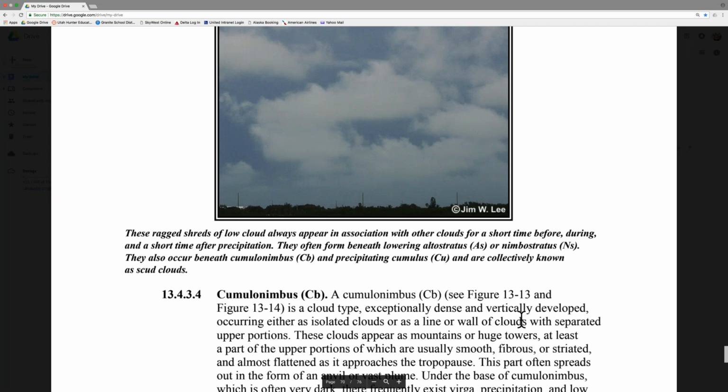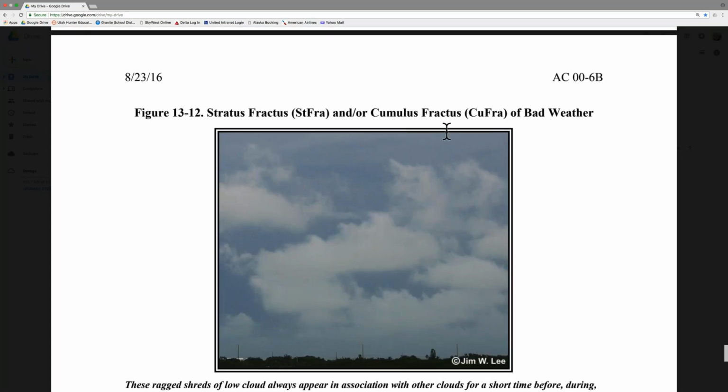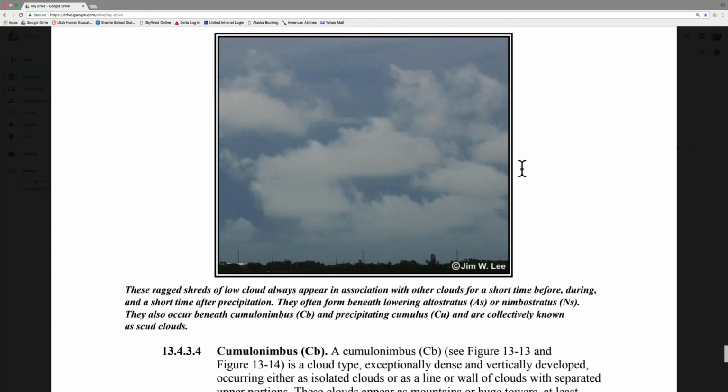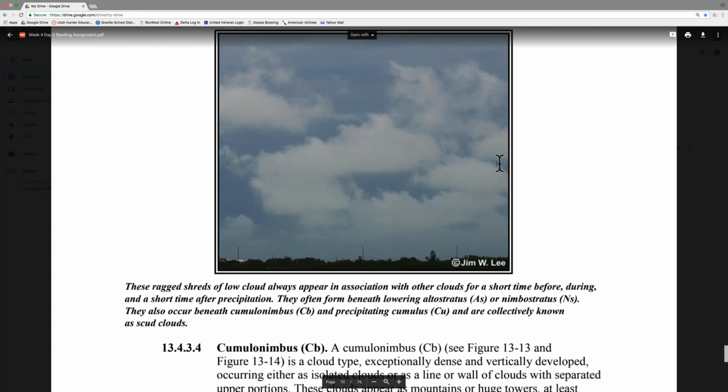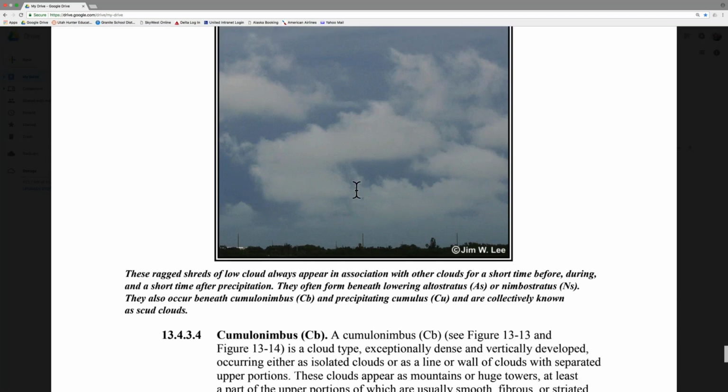So, yeah, stratus fractus or cumulus fractus clouds, typically following bad weather or precipitation. It's just the clouds breaking apart, basically.